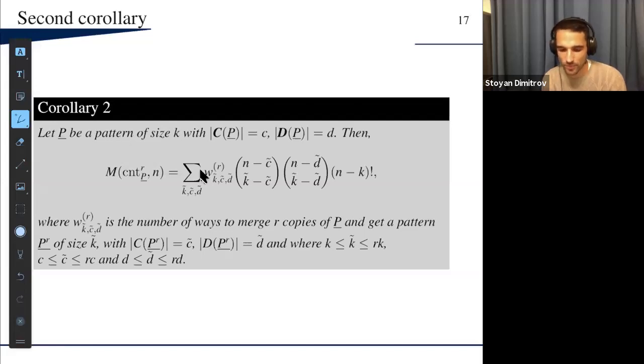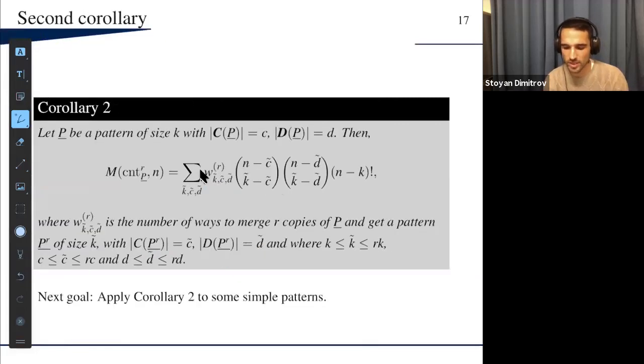And basically, this corollary is saying that to find formulas for the higher moments of such statistics, it suffices just to find these numbers, W to the K, to the C, to the D, which are just the number of ways to merge r copies of our pattern P and get a pattern of size k with these constraints for the cardinalities of the C and the D set. And yeah, we will see how we can apply this in a minute.